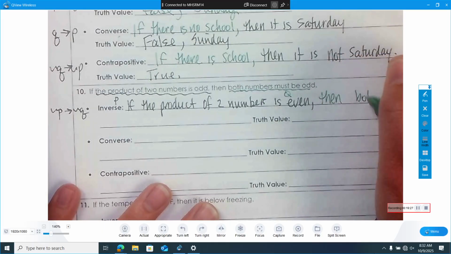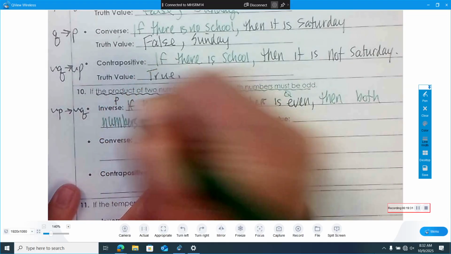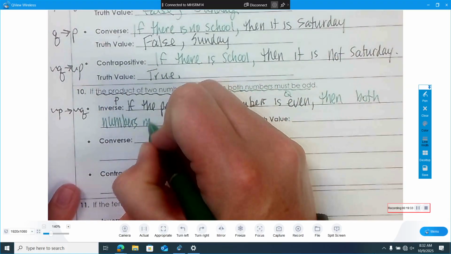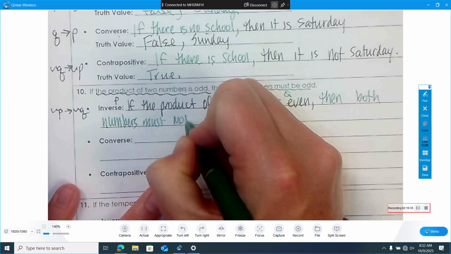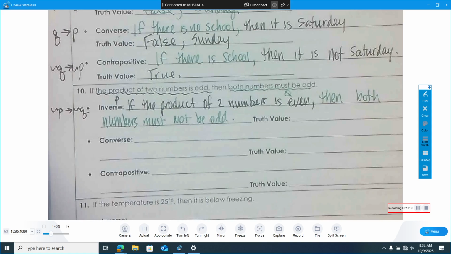Then both numbers must not be odd. All right. Ooh, if the product of two numbers is even, 7 times 8 is 56. Okay. Then both numbers must not be odd.